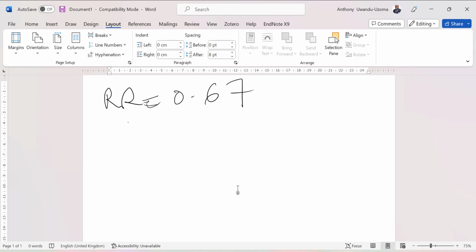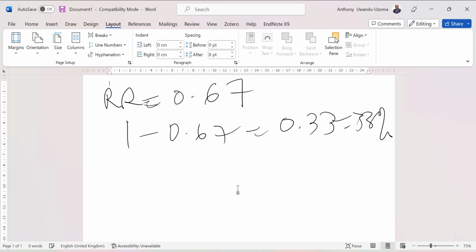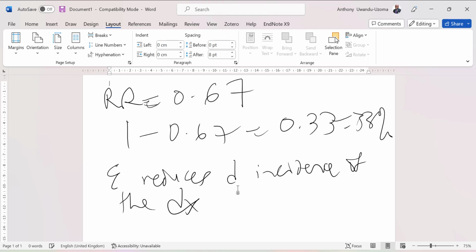I will say 1 minus 0.67, that will give me 0.33, which is 33%. So I will say that the exposure reduces the incidence of the disease or the outcome by what?